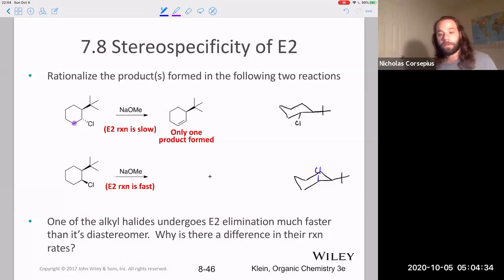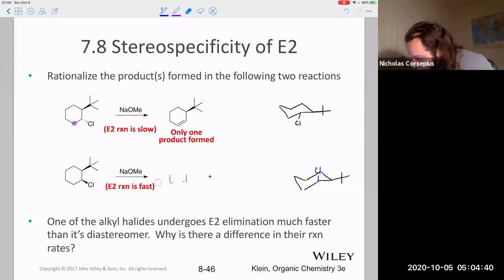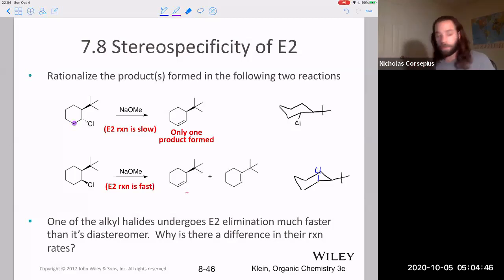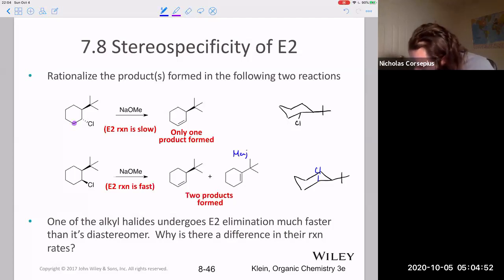Because they're both on the same side. So that's great. That means that this reaction would happen readily, would happen quickly, and I would get a mixture of two products. Which one is going to be the major product? Again, the more highly substituted one is more favorable.